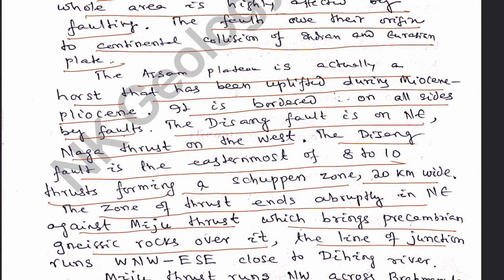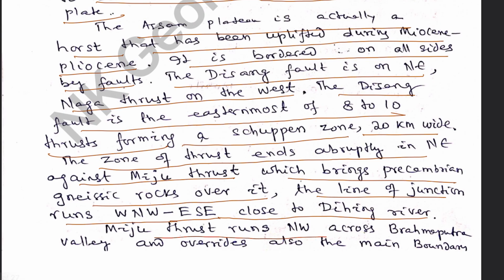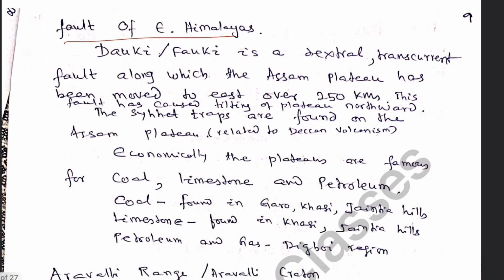The line of junction runs west of northwest to east of southeast, close to the Dibang river. The Mishmi thrust runs northwest across Brahmaputra valley and overrides also the main boundary fault of the eastern Himalayas.